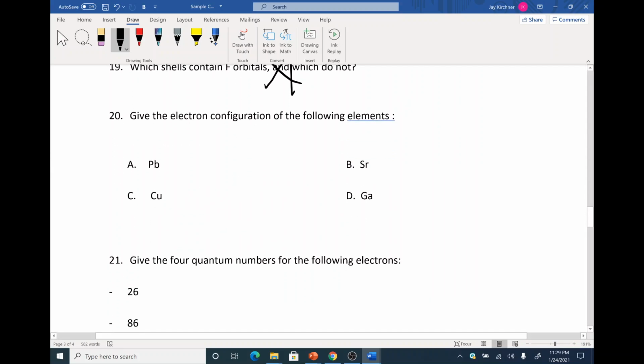Give the electron configuration. Okay, Pb is actually a 6p2 guy. 6p2. I gotta write everything out. I stare at the periodic table and I look at row 1. I look at row 2. I look at row 3, which is the same as row 2 with different quantum numbers.